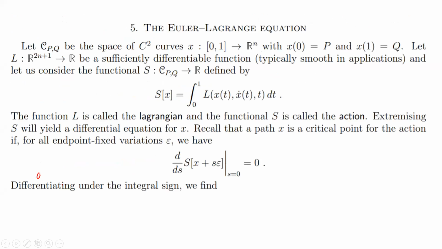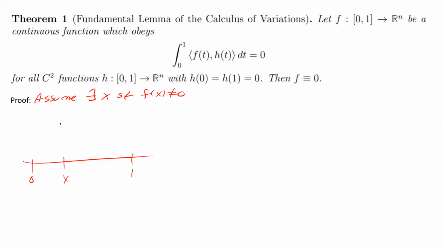Yes, okay, good. So we have some point x where the function is not 0. What do we know is true? We might as well assume, without loss of generality, f(x) is greater than 0. What do we know is true near x? It's positive.